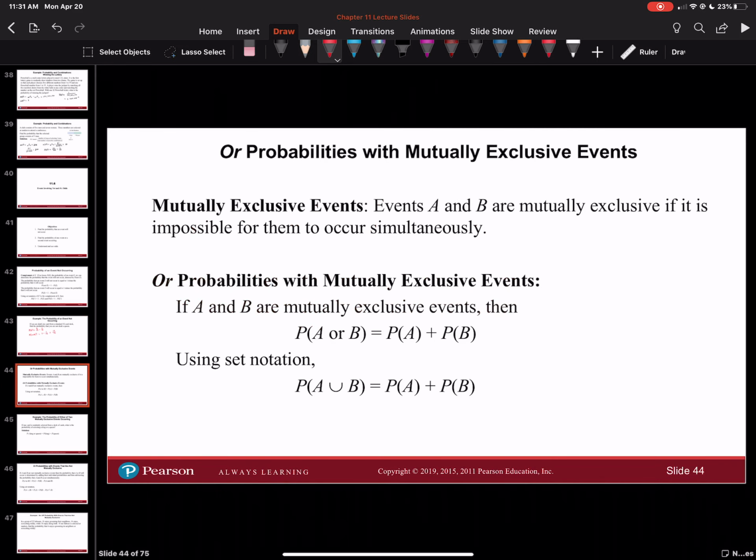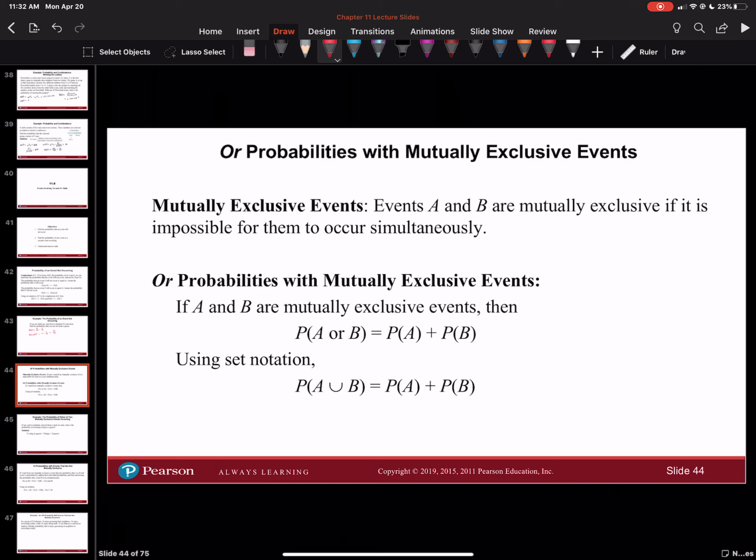So let's look at this. Mutually exclusive events. Events A and B are mutually exclusive if it is impossible for them to occur simultaneously.